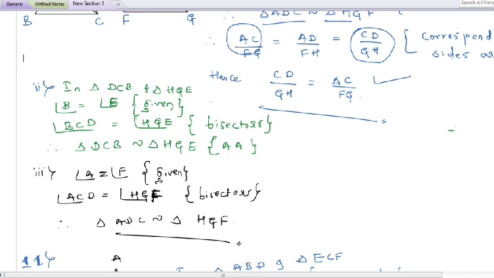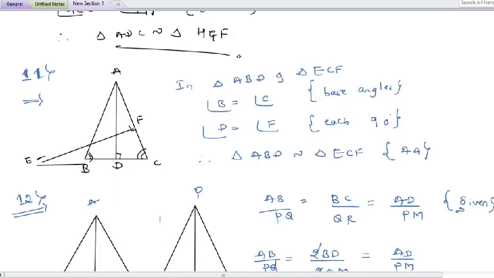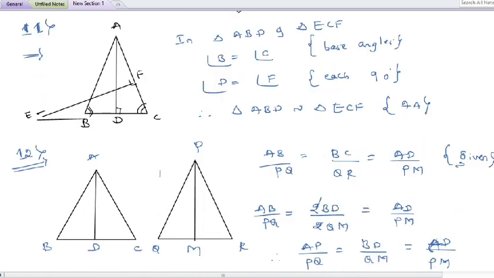Now, problem number 11. Here the figure is given in the textbook. In the figure, E is a point on side BC produced of an isosceles triangle ABC.